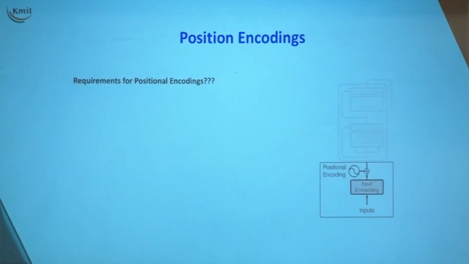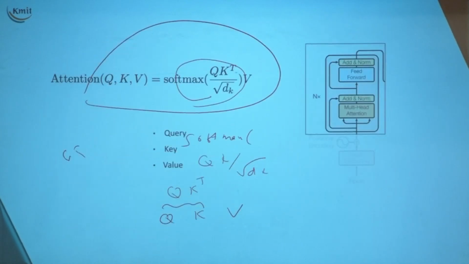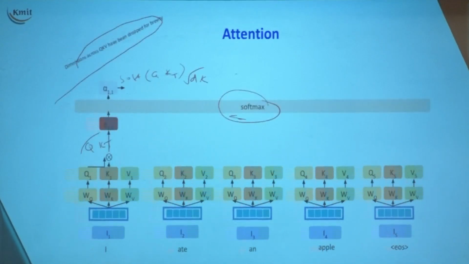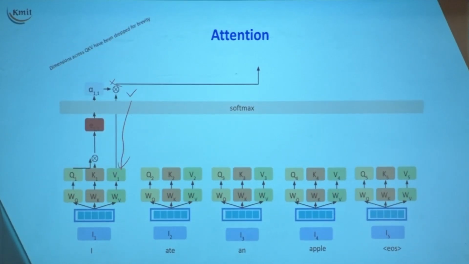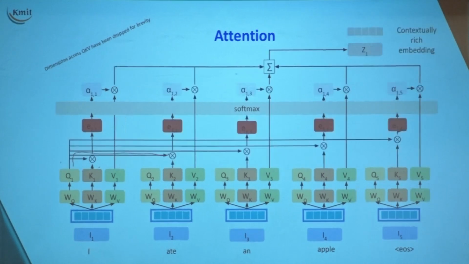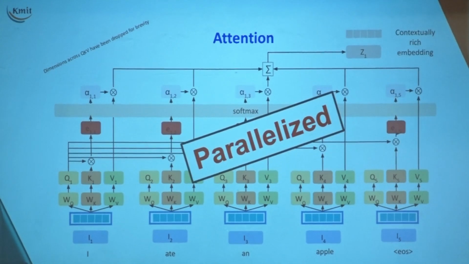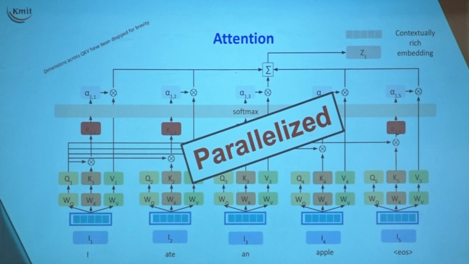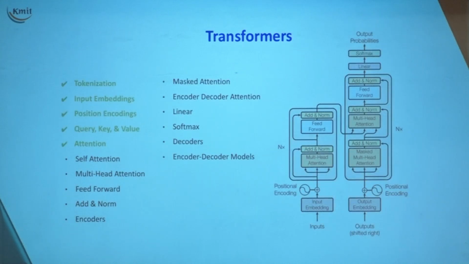What I was talking about here is multi-head attention, where I have multiple single head attentions concatenated together. Are you all okay? This way I have parallelism because I am taking all words at a time and comparing the queries with all the keys. So we are done with tokenization, input embeddings, position encodings, query, value and attention.